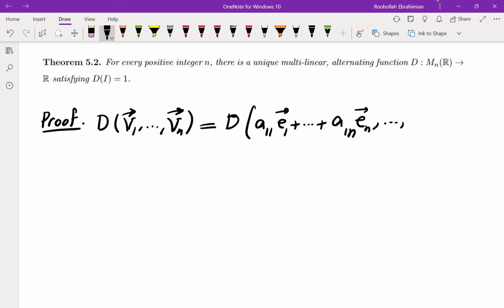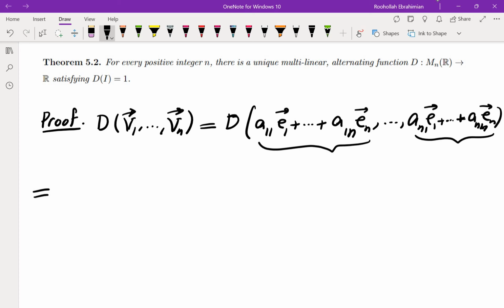That's the first row, all the way to an1 e1 plus all the way to ann en. Now, if I look at this one and use multilinearity, I will have to pull out these n terms from here, these n terms from the next one, and next one. So there are going to be n times n times n times, so there would be n to the power of n terms that we're going to get.